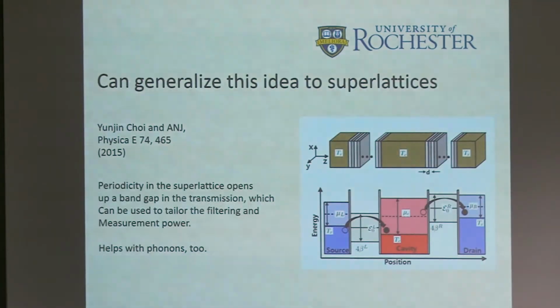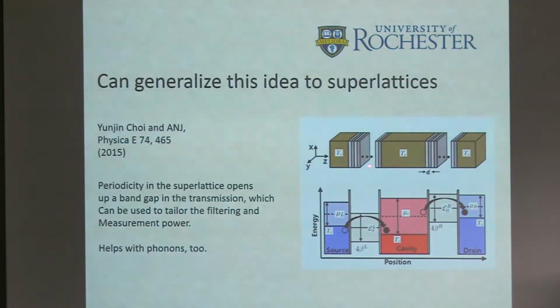Okay, and then of course we can also go further with this game. This is an idea I published with a student of mine in 2015. What if you don't just have one quantum well, but you stack them, right? If you stack a bunch of quantum wells together, you make what's called a superlattice. So you alternate the properties. For example, you do gallium arsenide, gallium aluminum arsenide over and over and over again.